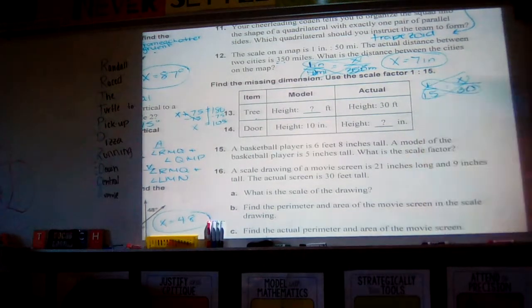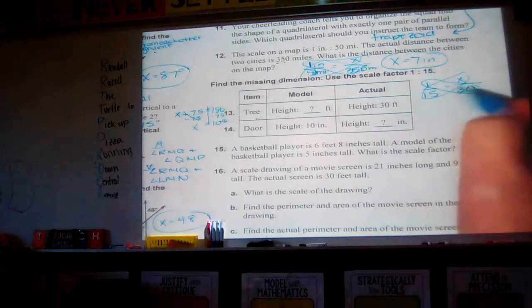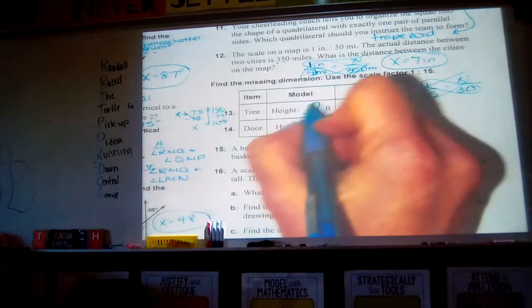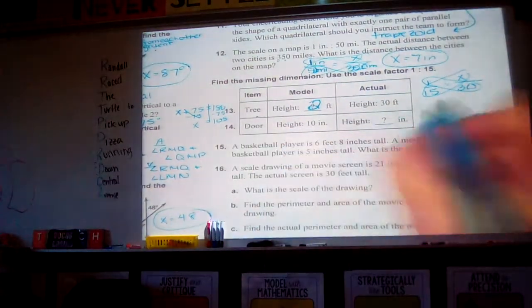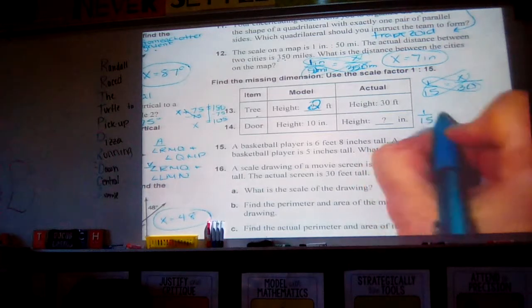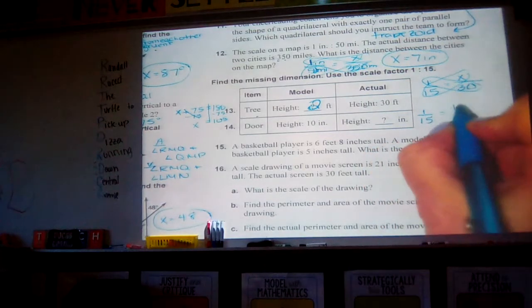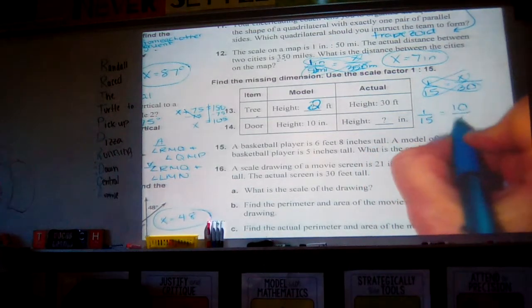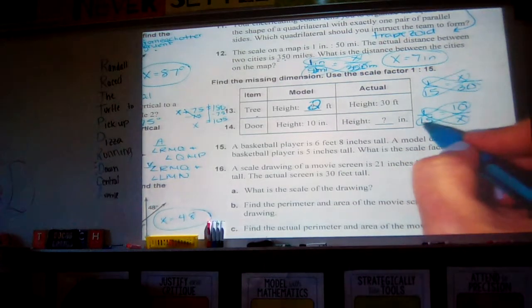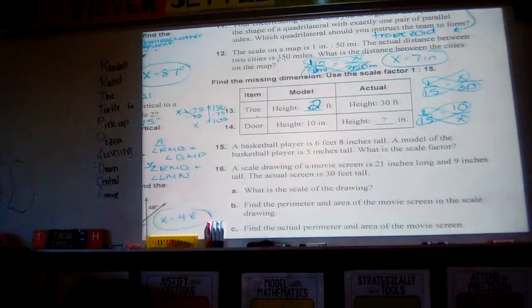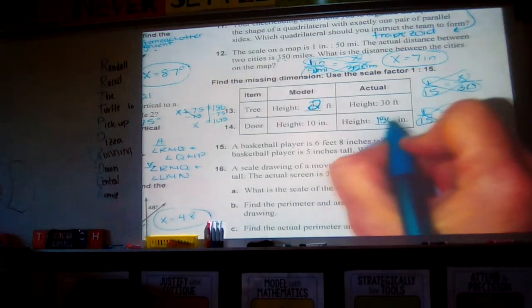So when we cross multiply, 30 times 1 is 30 divided by 15. X should equal 2. And then when we're looking at the door, my scale factor first, the model height is 10. I don't know the actual height. So again, 15 times 10 is 150, divided by 1 is still 150.